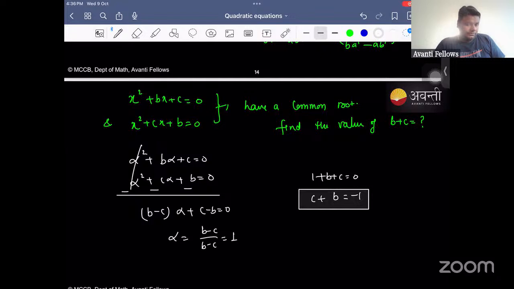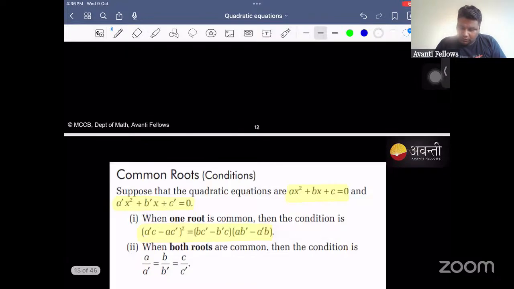Got it? Now just try a few questions over roots of a quadratic equation.